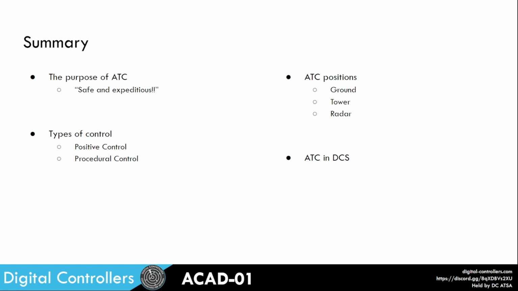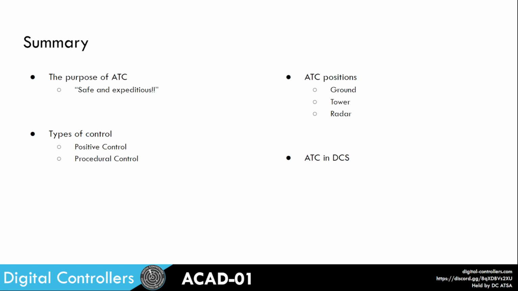So to summarize ACAD-01, we have looked at the purpose of air traffic control and its major motto, safe and expeditious, and in that order. We looked at the types of control, both positive control and procedural control, and when we might use either.